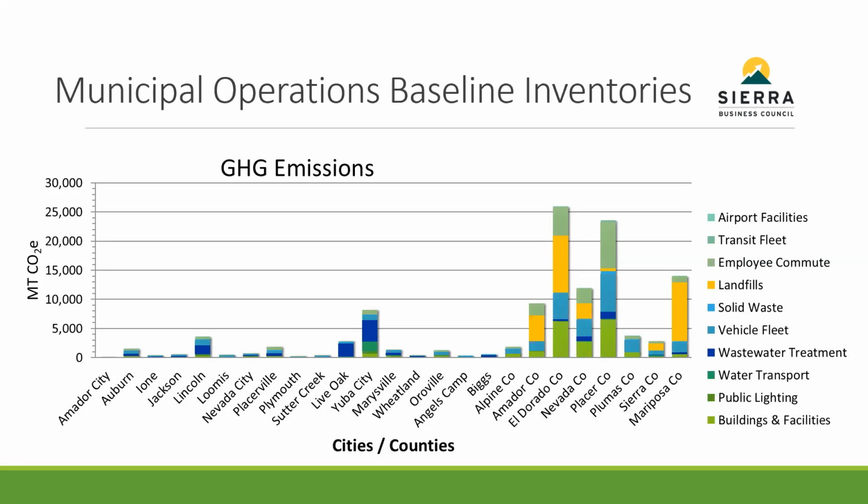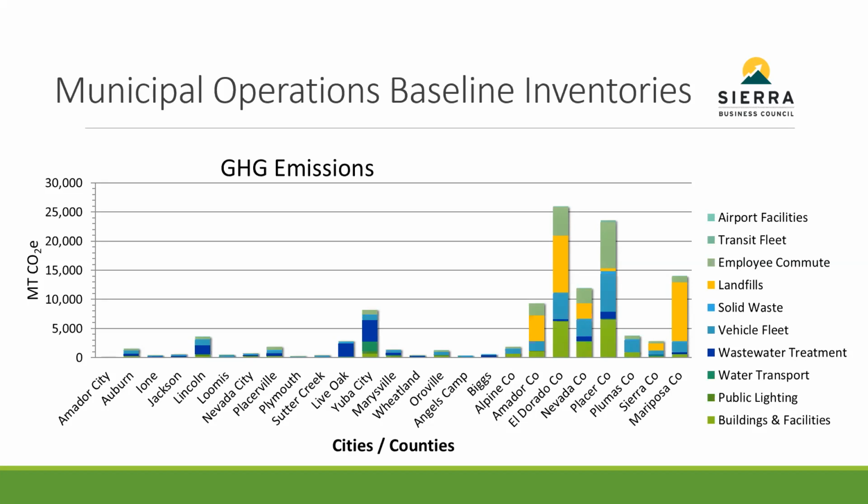On the right, you can see some of the sectors that can be broken out depending on the jurisdiction. For example, airports can be broken out even though they're usually included in the building sector. If you look at the left axis, you can see total emissions range from a few hundred to about 25,000 metric tons of CO2 equivalent.